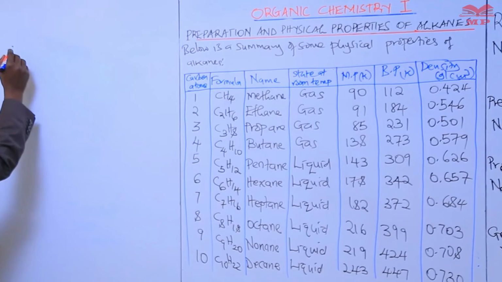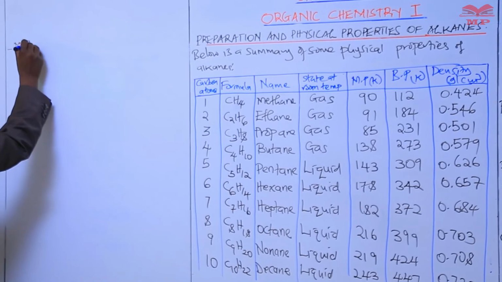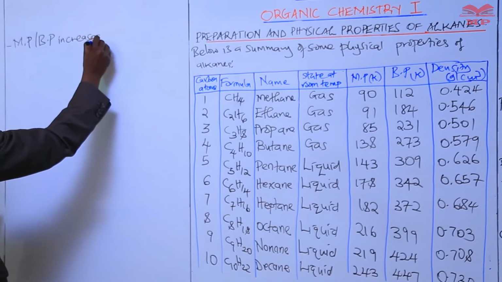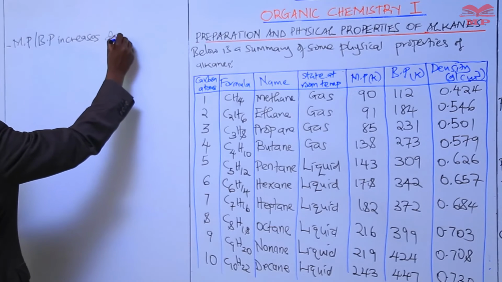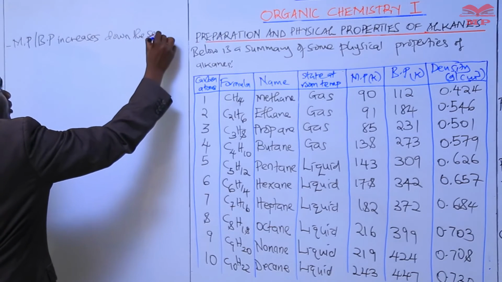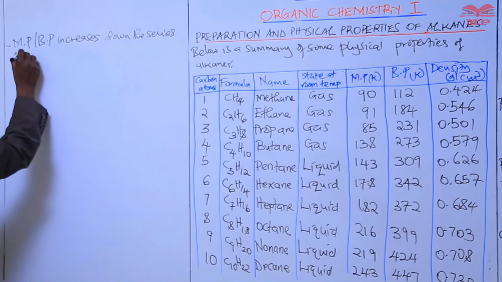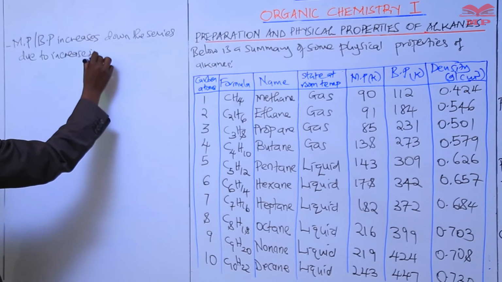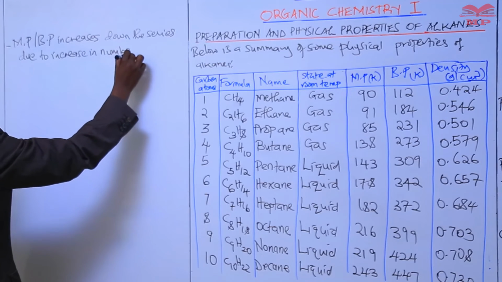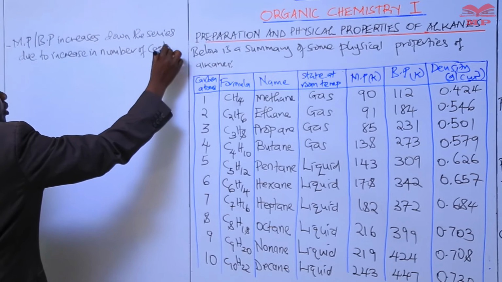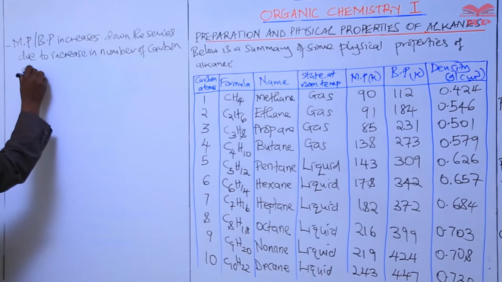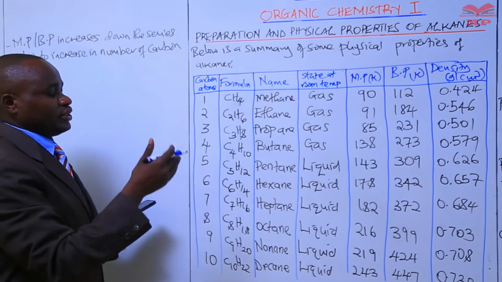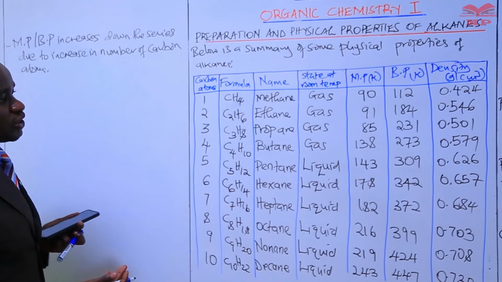So we are saying that melting point and boiling point increase down the series due to an increase in the number of carbon atoms. So the number of carbon atoms will result in an increase in melting and boiling point due to an increase in molecular mass.